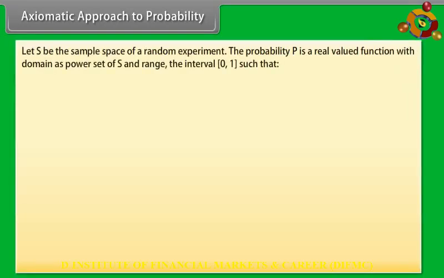Axiomatic approach to probability. Let S be the sample space of a random experiment. The probability P is a real-valued function with domain as the power set of S and range the interval 0, 1, such that: 1. For any event E, 0 is less than or equal to P(E) less than or equal to 1. 2. P(S) is equal to 1. 3.